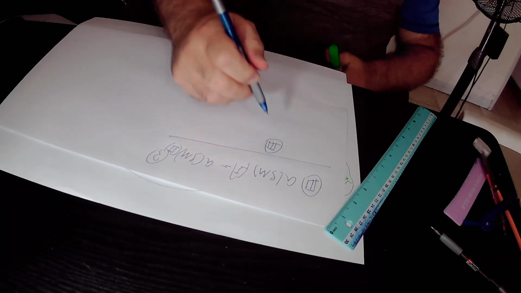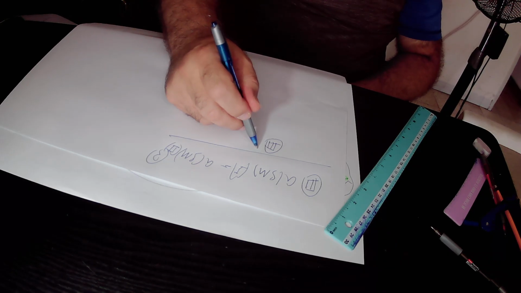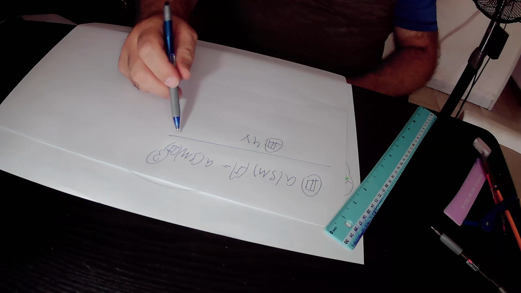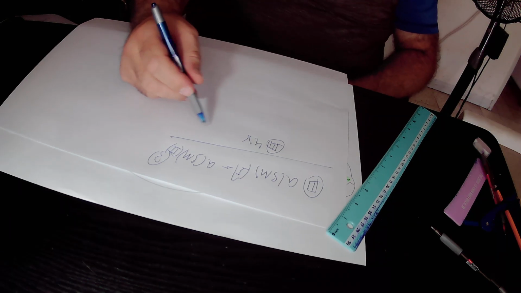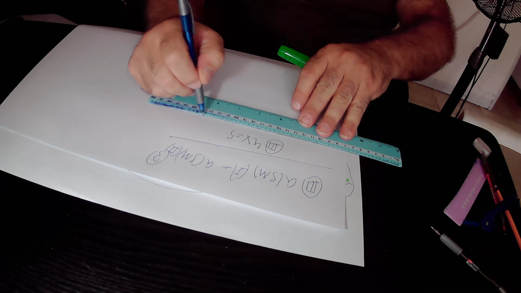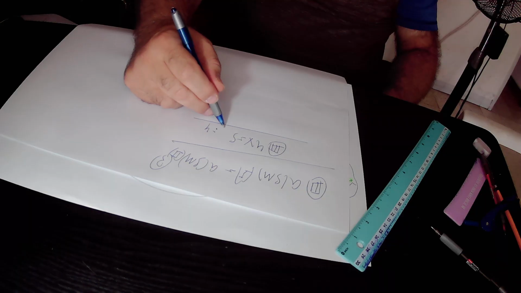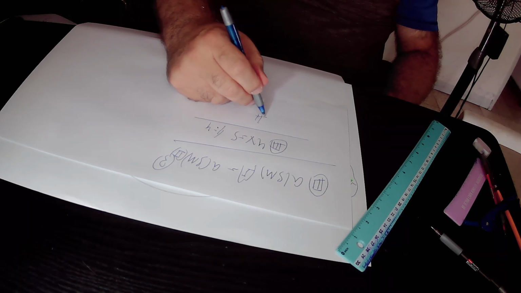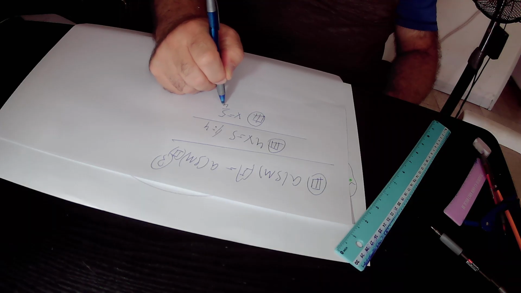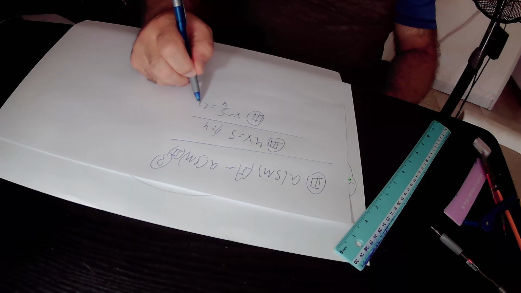A times SM according to equation 1 is 4x, and it must be equal to A times SM according to equation 2, which is 5. So according to equation 3, 4x equals 5. Here we divide this equation by 4 and finally get that x equals 5 quarters. 5 over 4 is 1.25 units.